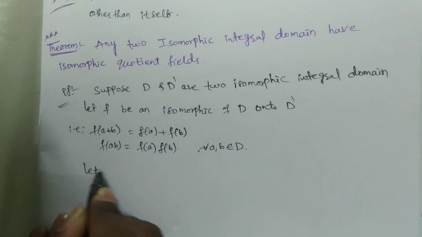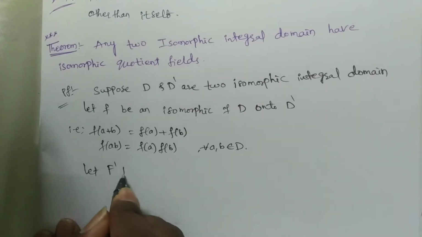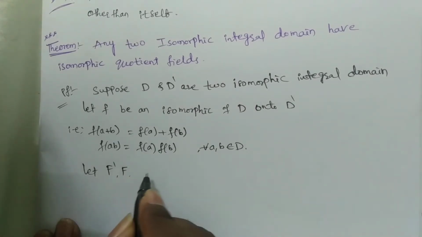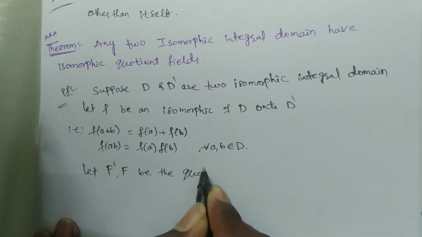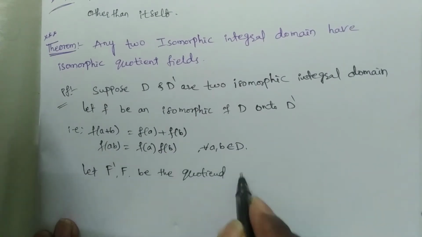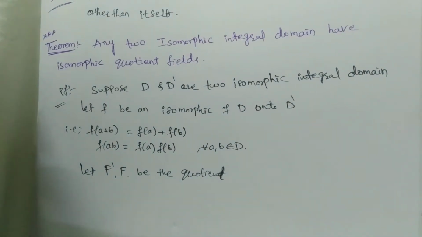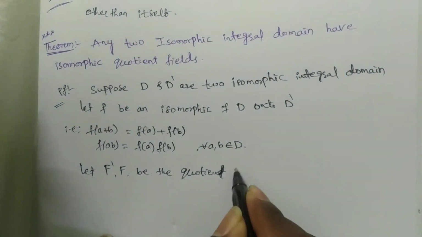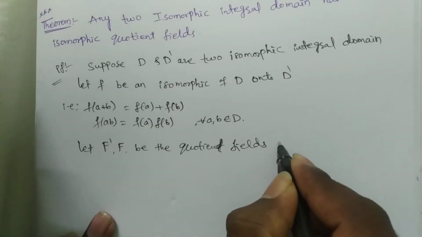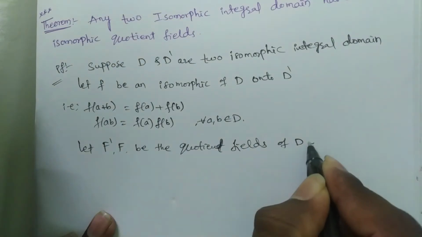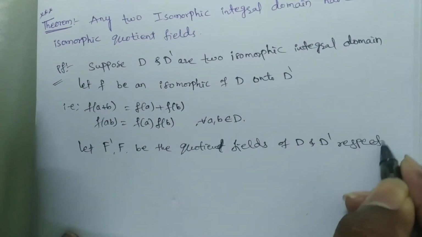Next, let F and F dash be the quotient fields of D and D dash respectively.